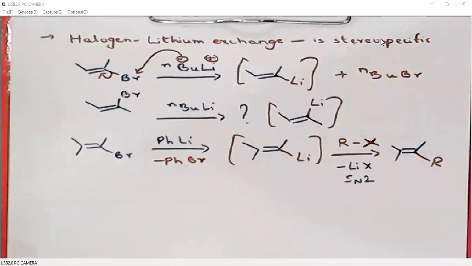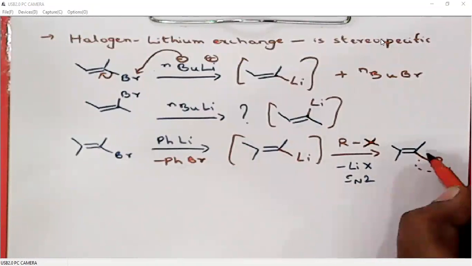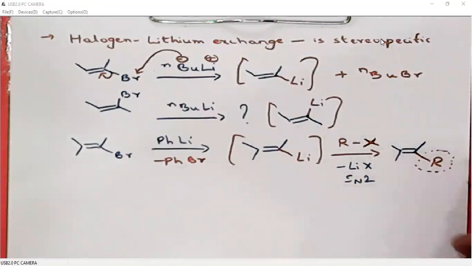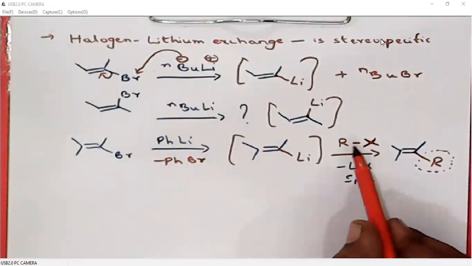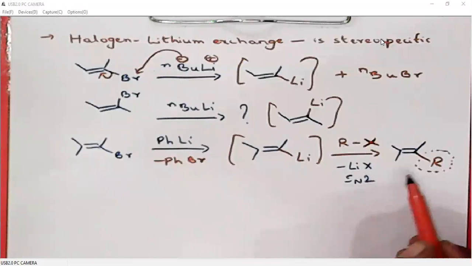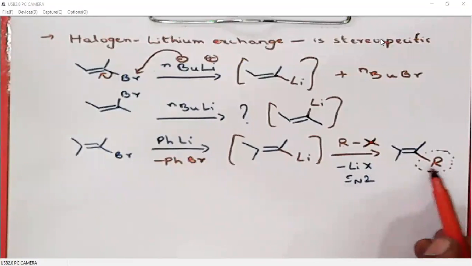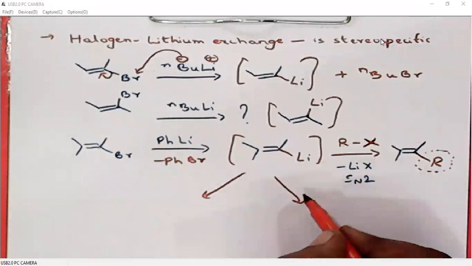That means if R is a chiral center, then the stereochemistry around chiral center will be reversed. Okay, if this halogen is attached to a chiral center, because of its SN2 nature, the stereochemistry around this alkyl group will be reversed. Now, I'll give you two examples. You practice these two.